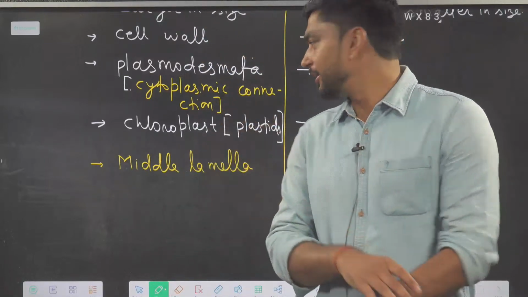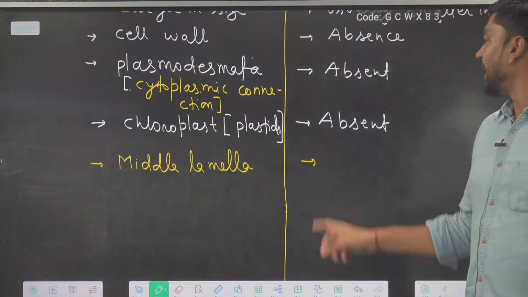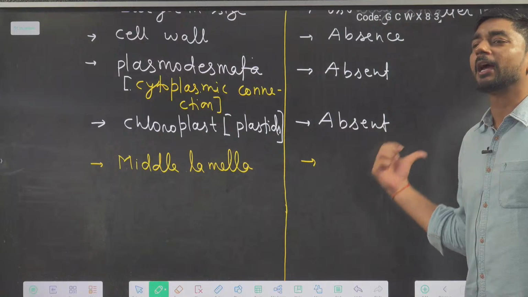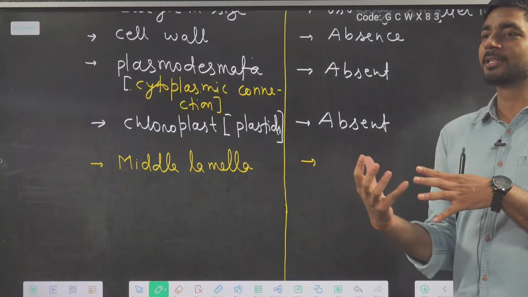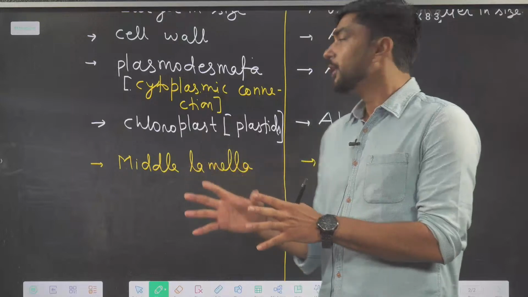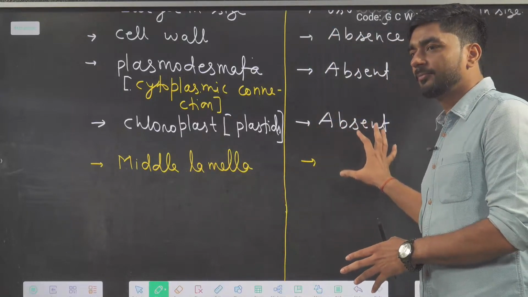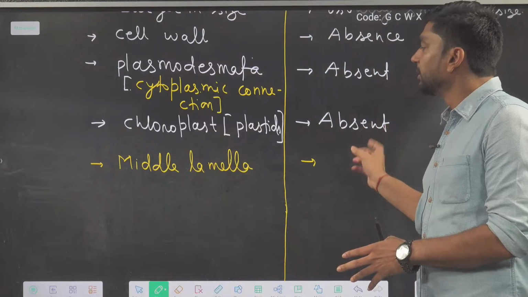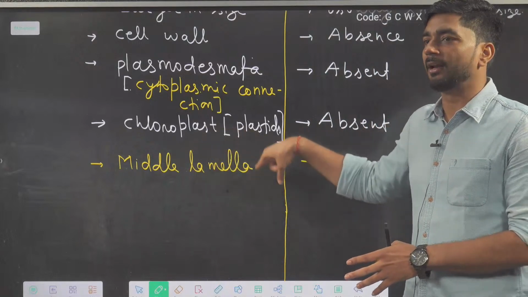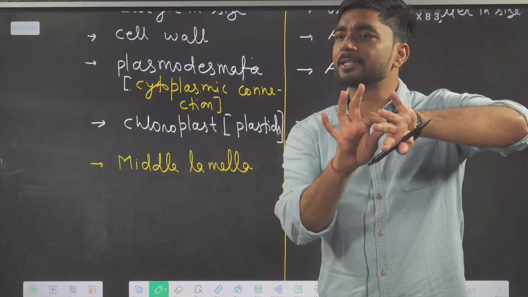So here we can say that is a middle lamella. So middle lamella is absent in what? That is the animal cell. Why? Because animal cell doesn't require that much of rigidity. That's why there is no need of middle lamella. Can we say that our skin is flexible?